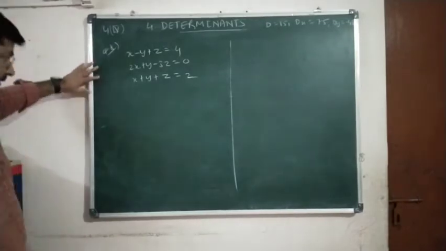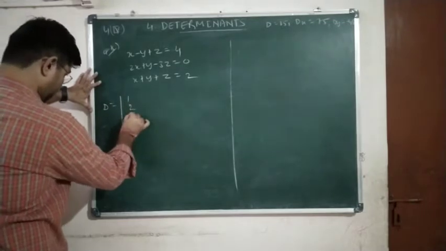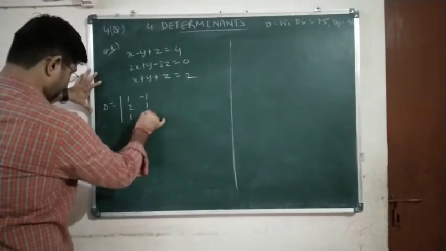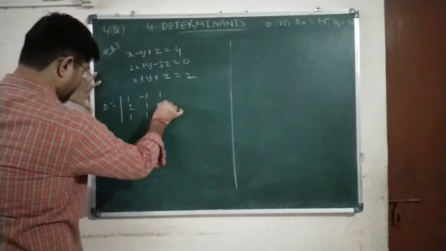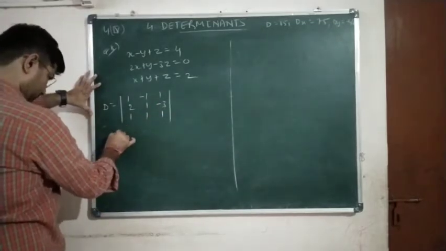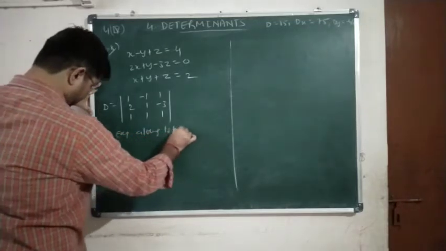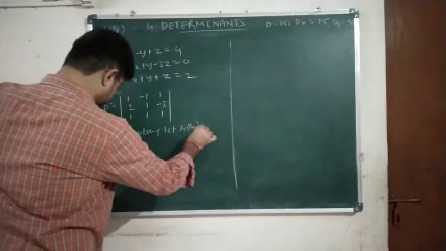Now we will solve the system of equations. We will find d first. The rows are 1, minus 1, 1; 2, 1, minus 3; and 1, 1, 1. Let us expand along the first row.